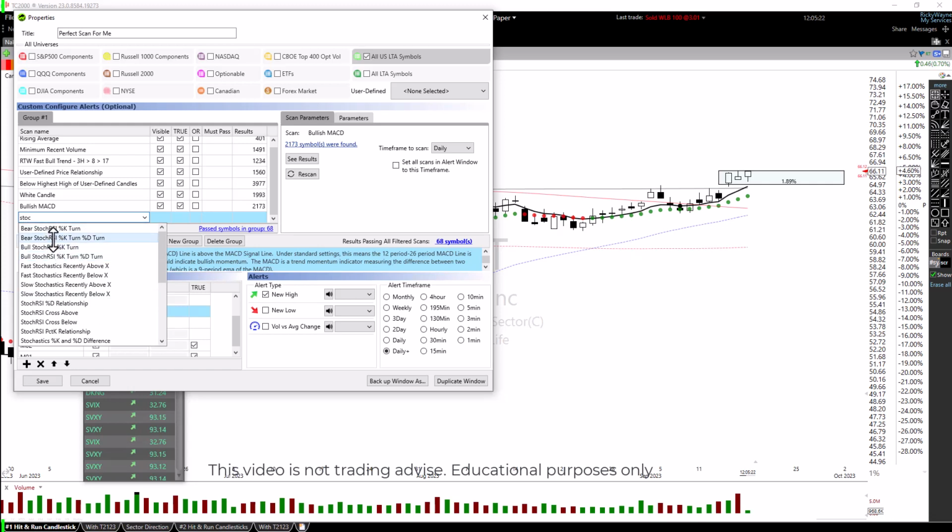Say Julie says, hey, Ed, I would like a scan where stochastics does this, that, and the other thing. Well, Ed will build Julie a stochastics that does this, that, and the other thing. And this is true with the MACD or with the white candle below the high. Well, there's only a couple of those.